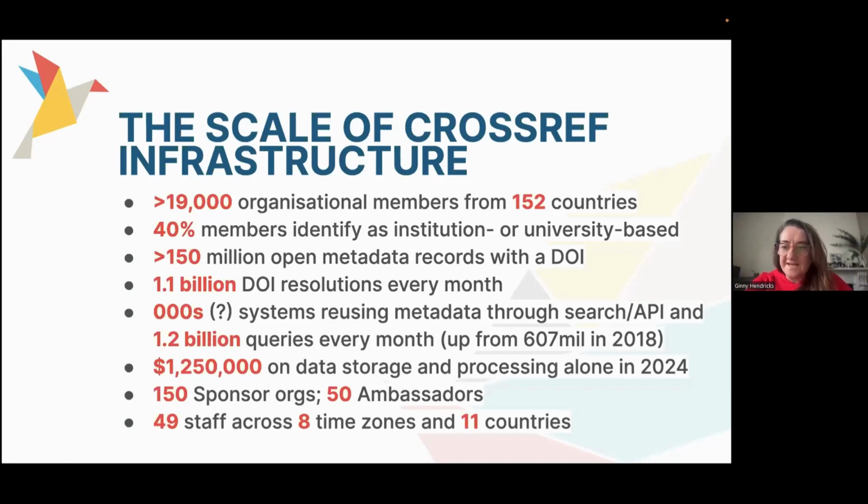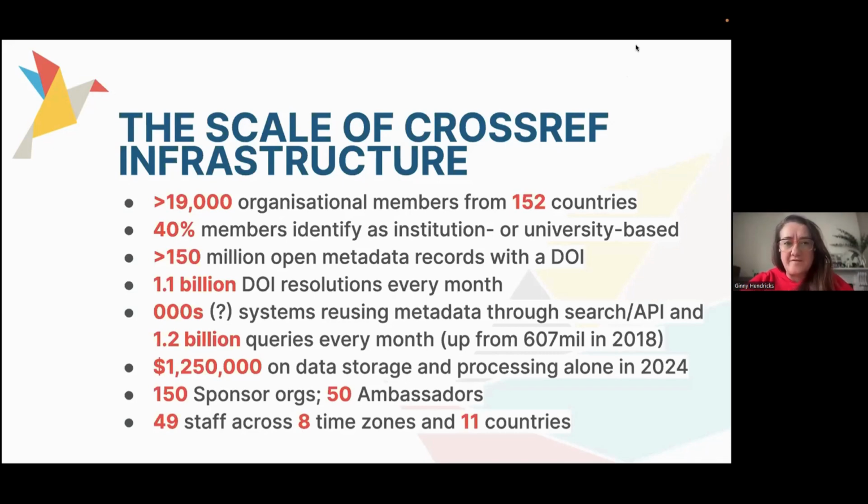And what we've seen is that system really take off and become the norm and the standard in scholarly communications. Pretty much everything has a DOI, should have a DOI and could have a DOI, with a caveat that there's always more to include.